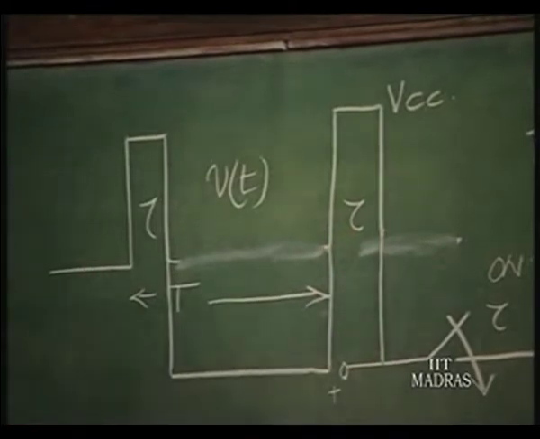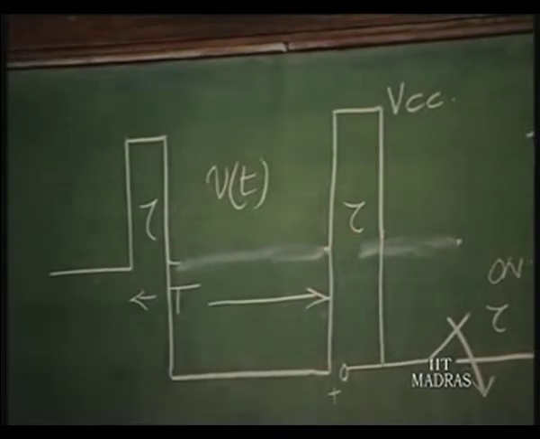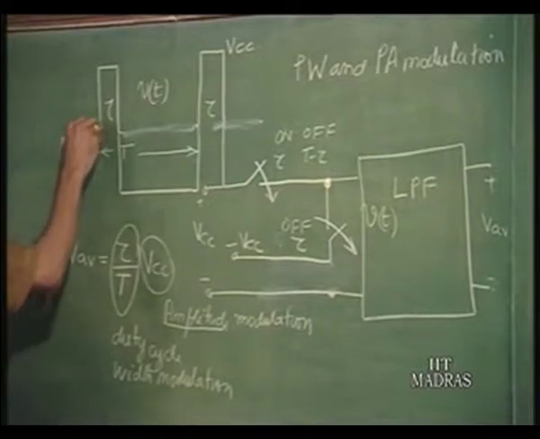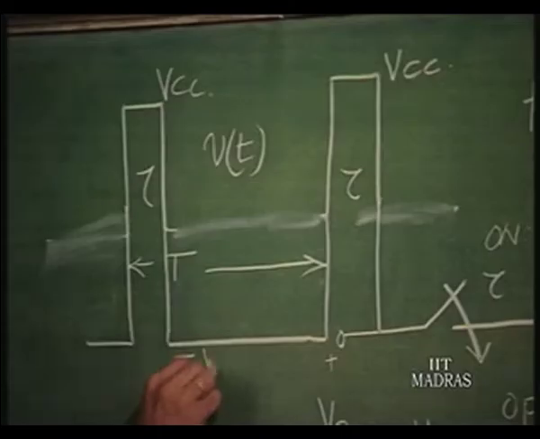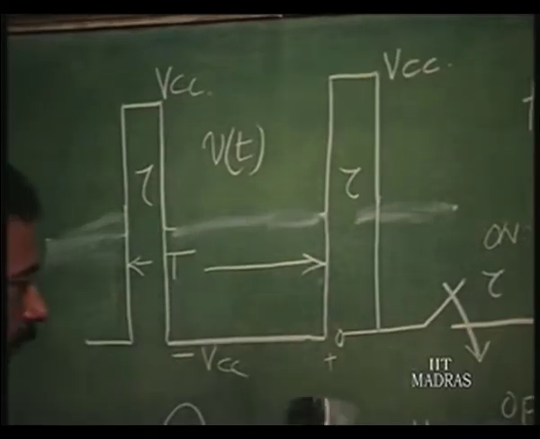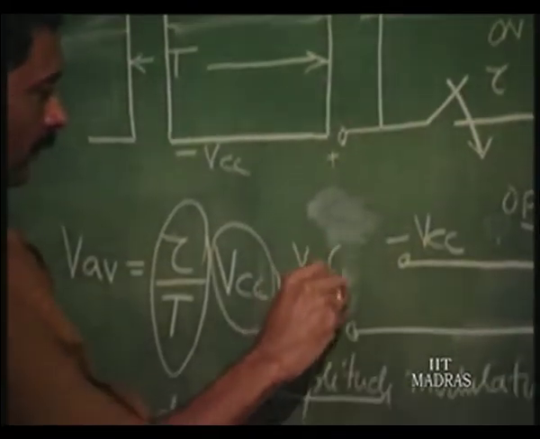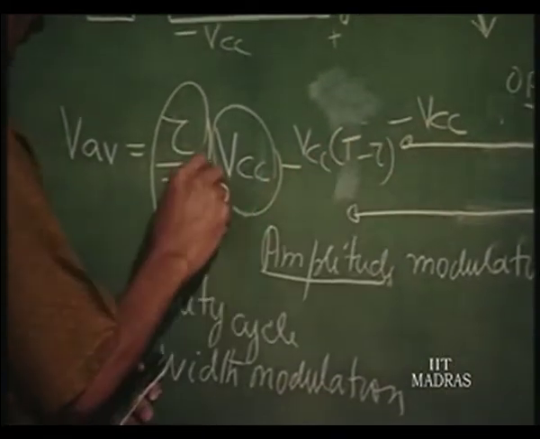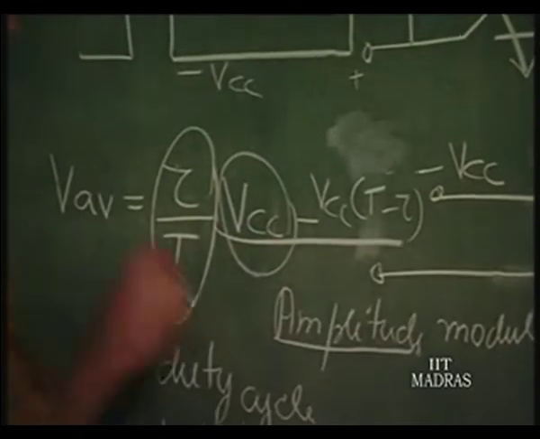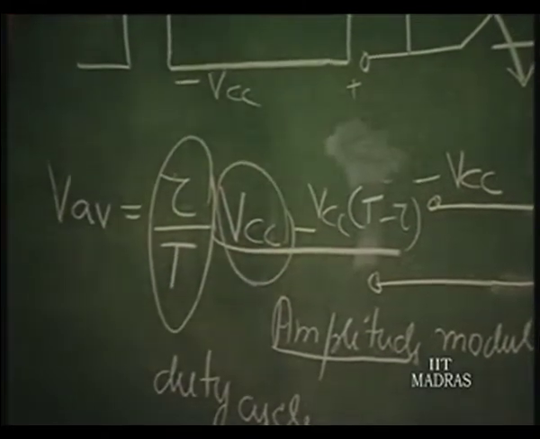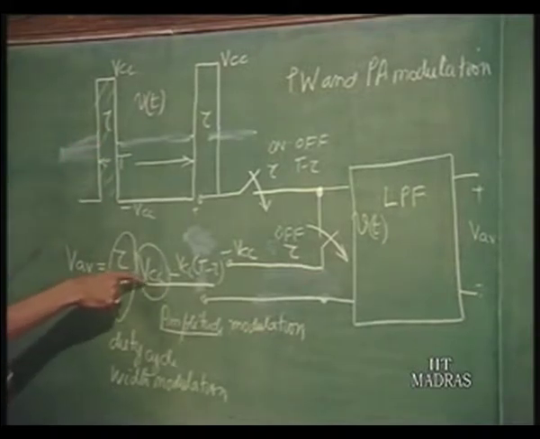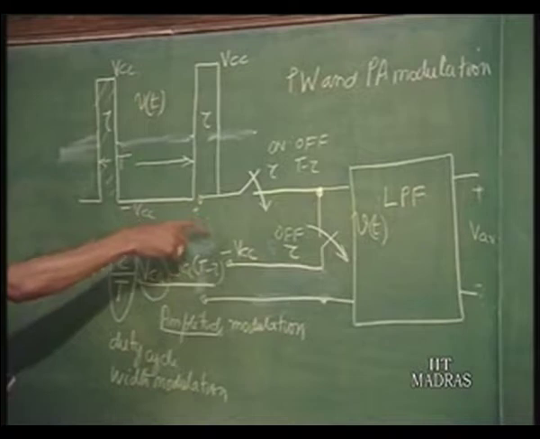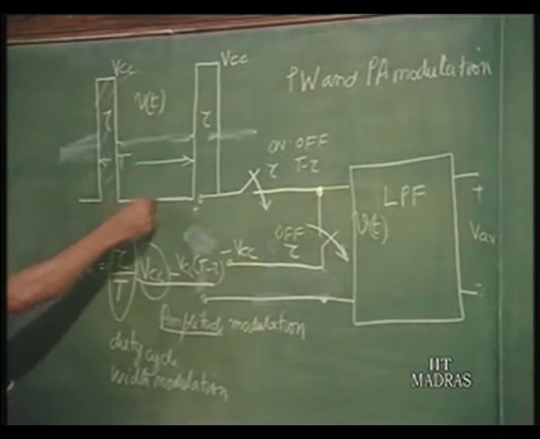So, then the average will change to tau into Vcc minus Vcc into T minus tau, the whole thing divided by T. That is the average. Tau into Vcc is this area, and minus Vcc into T minus tau is the negative area.